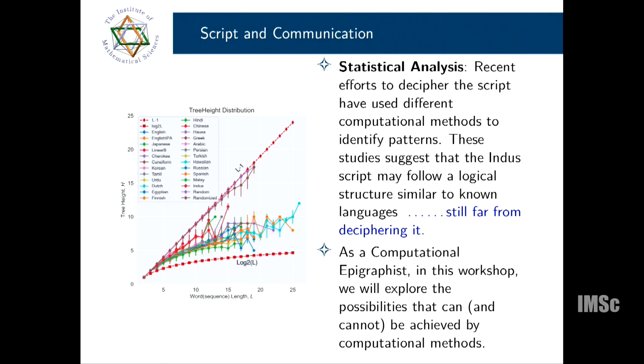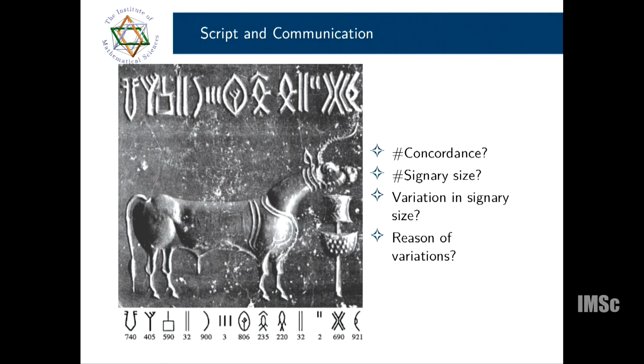In this whole workshop, we will try to work out what is possible to get by computational methods, and what we can't. Obviously there are some limitations. The way we do all these studies, this is called archaeological findings. We are not working on image processing.